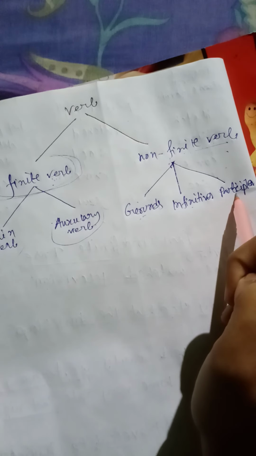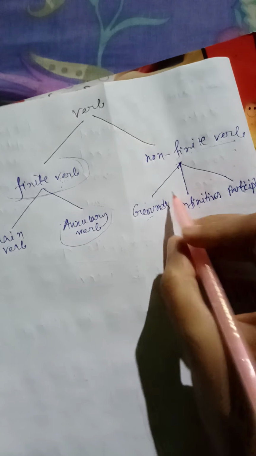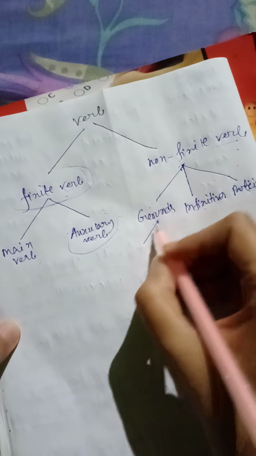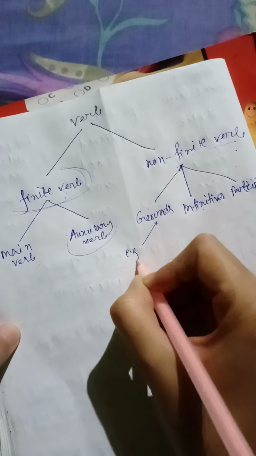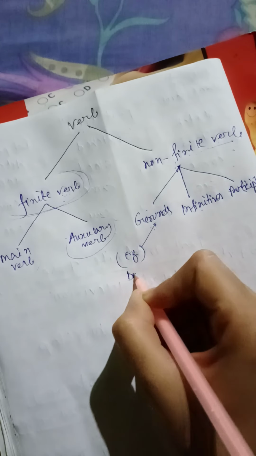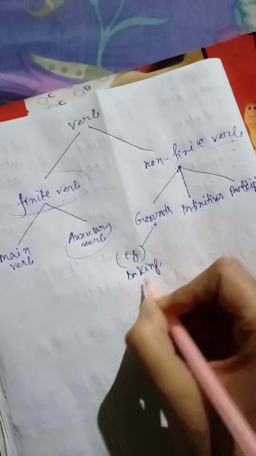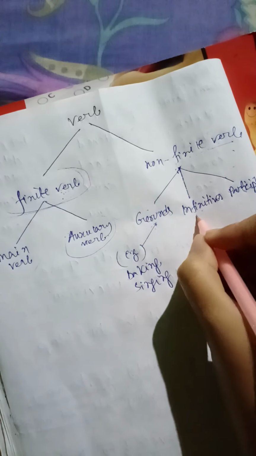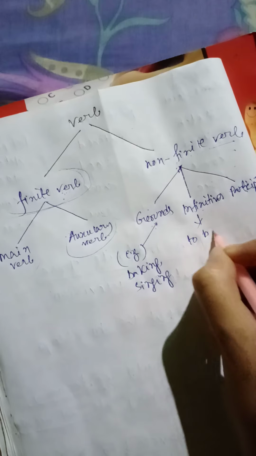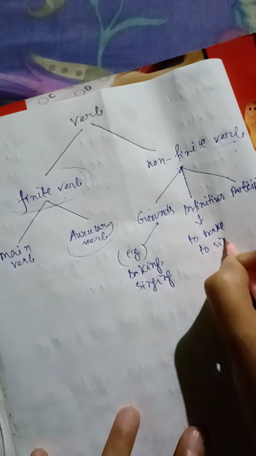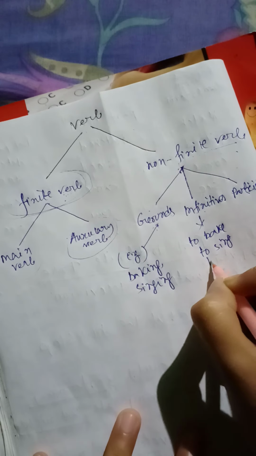Let me give you some examples so that you can get some idea. Gerunds: baking, singing. Infinitives: to bake, to sing, okay, to say.